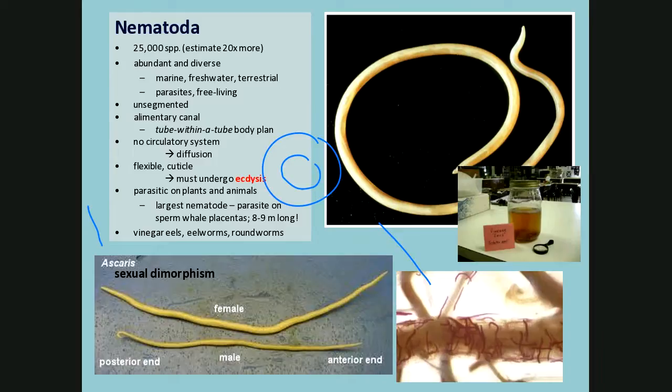Tapeworms absorb their food through their skin. A lot of times parasites become very simple, and sometimes in the case of the tapeworm, they lose their ability to feed. Or in the case of the nematode, they have a very simple digestive system. There's no need to mash things up.